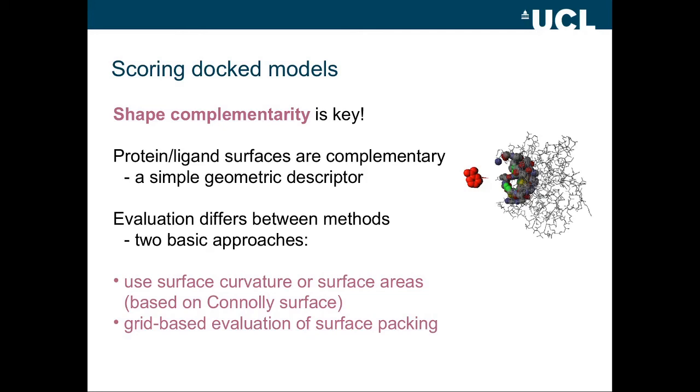The second is a kind of grid-based approach where we draw a grid over the interacting region between the small molecule and the protein. And if that grid is fine enough, we can evaluate for each point on the grid whether it's occupied by an atom or whether it's a gap between the two surfaces. And therefore we can evaluate quite easily how good the complementarity is between the two surfaces.